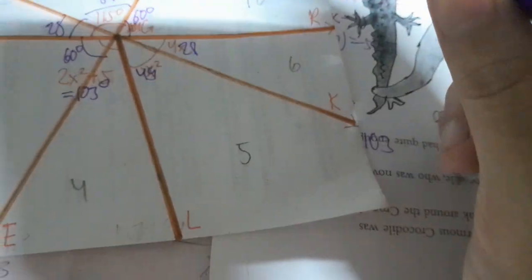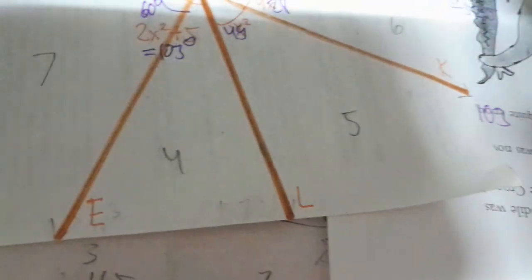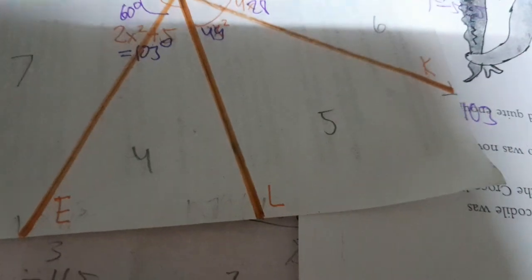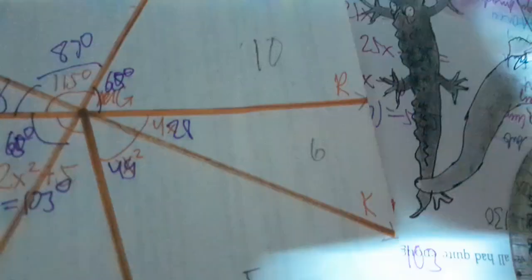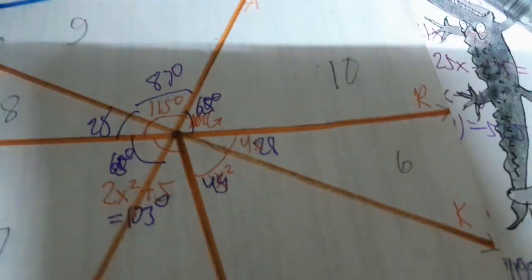Correct? Oh, this is 65 actually. It's 65. It's not 60. Sorry for the wrong computation. So that is 65. So therefore, that is 65.